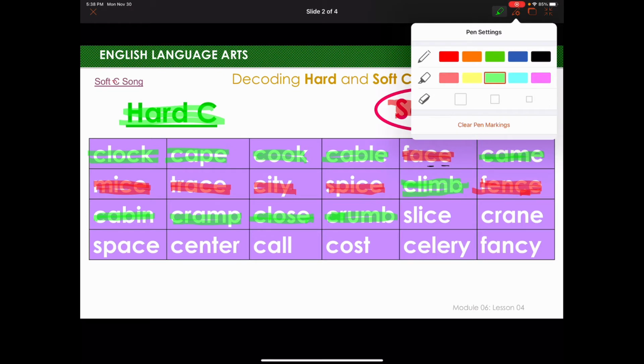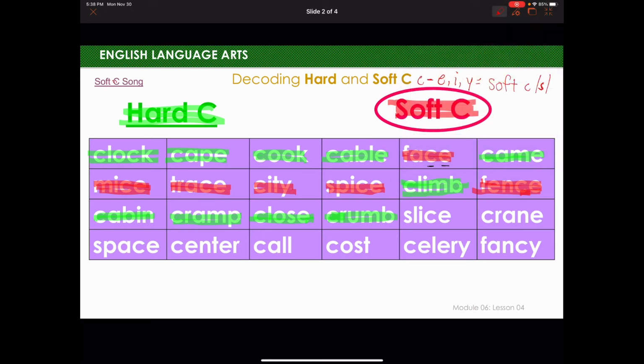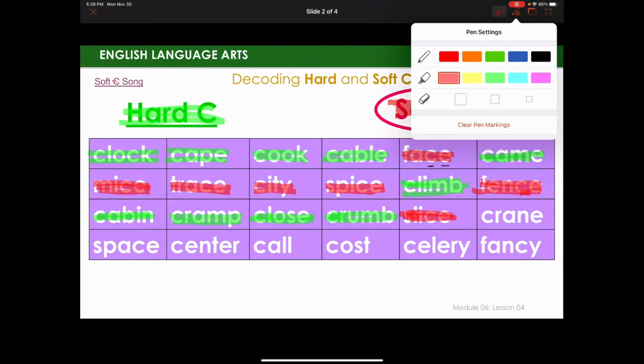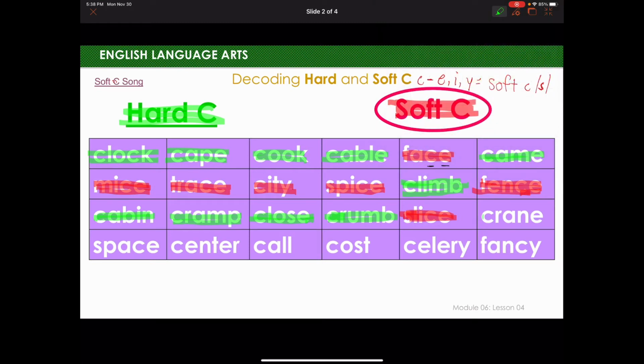Okay, do you see what I see in the next one? A C followed by an E, so it's going to be a soft C, and the E makes the I say its name. So let's read it together. Slice, like a slice of bread. Okay, then we have crane.